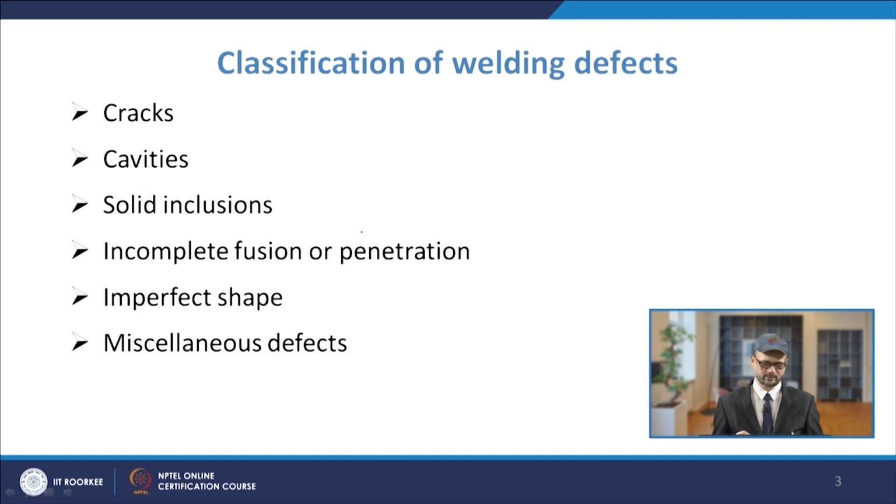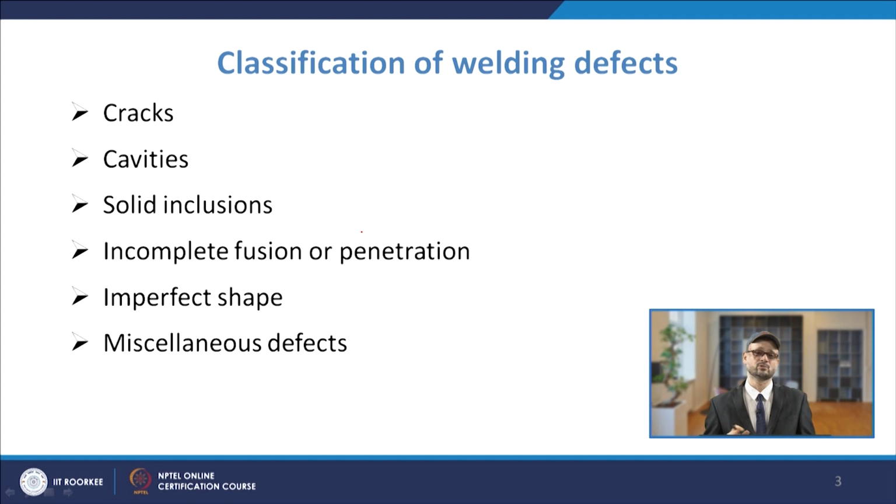Cavities are also a very important type of welding defect, because as we have understood, when we are doing the welding, because of the high temperature, and if there is no proper environmental shielding, there may be gaseous pickup, or dissolution of gases in the weld. Many a times some of the gases have very high solubility at very high temperature and very low when the temperature drops.